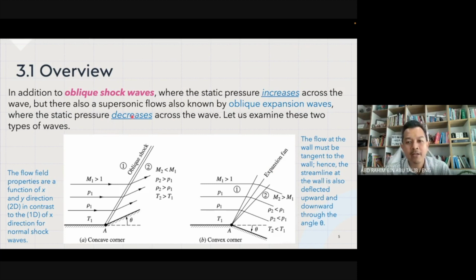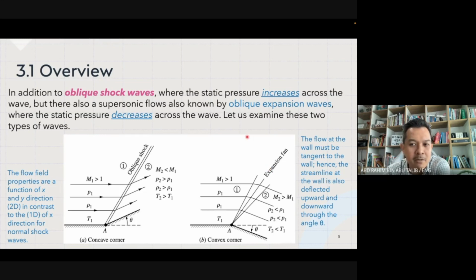In the oblique expansion wave, the static pressure decreases across the wave, whereas for the oblique shock at a concave corner, the static pressure increases. That is the fundamental difference between the oblique shock and the expansion fan.